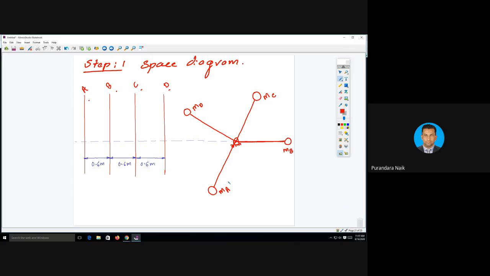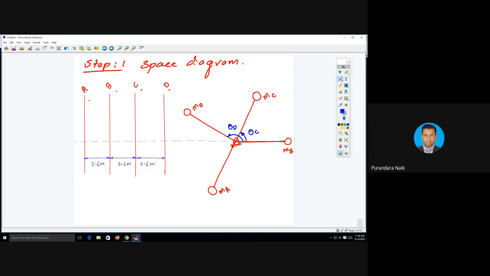So angles are unknown. Let us mention these angles. Let us consider this is the mass of C. The corresponding angle is theta C with respect to mass B, because we have considered mass B as the reference mass. Next is MD. The corresponding angle of D is theta D. The last one, MA.